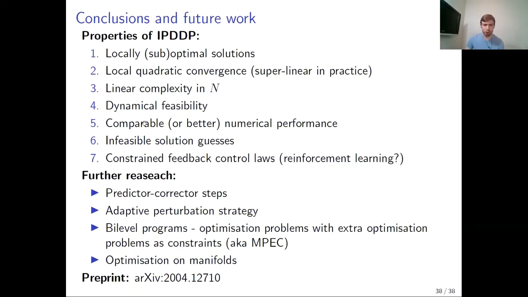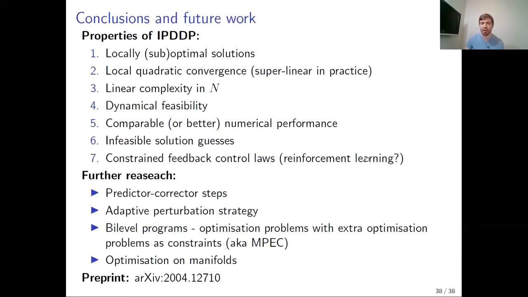It has comparable or better numerical performance than all the different methods we compared with. It has modifications allowing to handle infeasible solution guesses, and it provides constrained feedback control laws as an additional output.